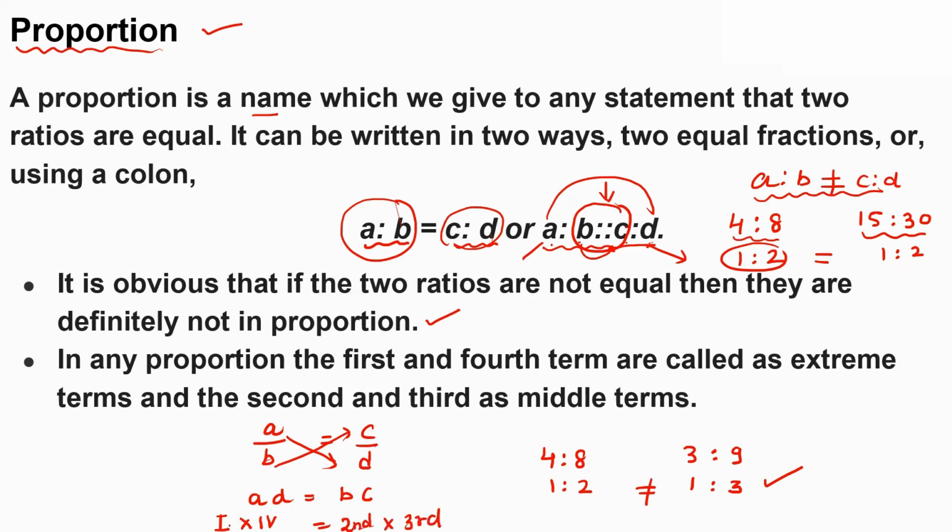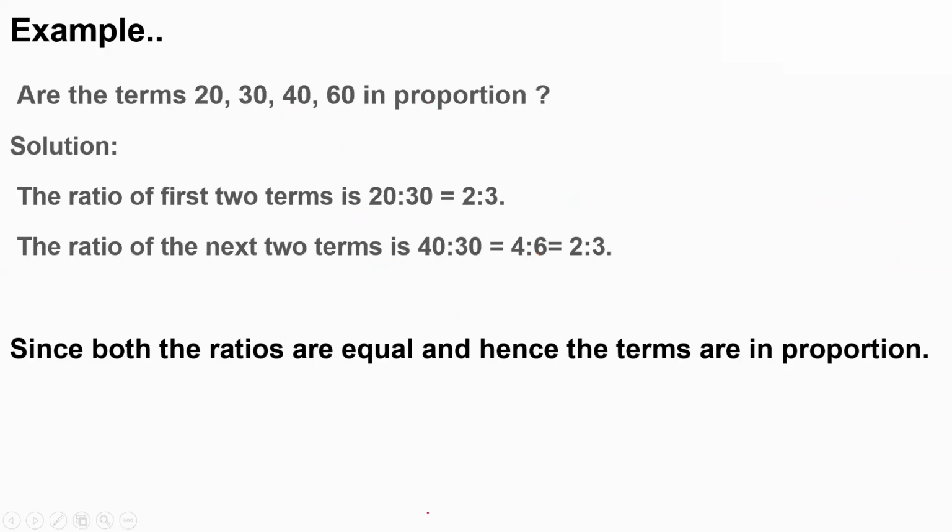It means the product of the first and fourth term is equal to the product of the second and third term. Means the product of extremes is equal to the product of means. It is another way to find whether these are in proportion or not. Got it everyone? Let's move to the next example.